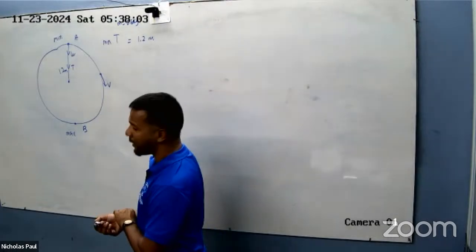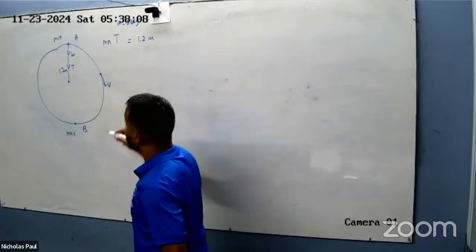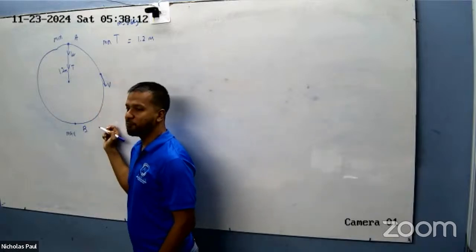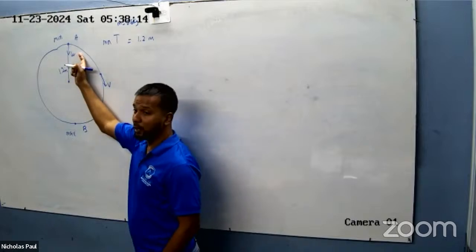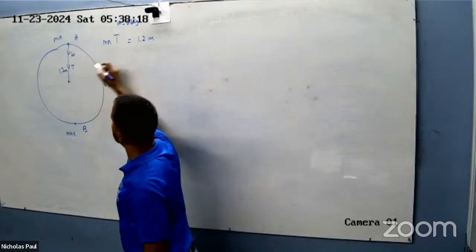Why is that a different scenario now? It's a vertical circle. Right, but where does minimum tension happen? Up here, right? So how do we find tension up here?